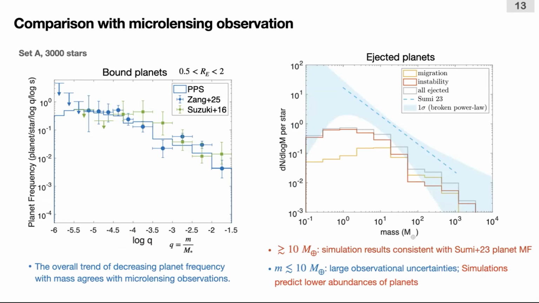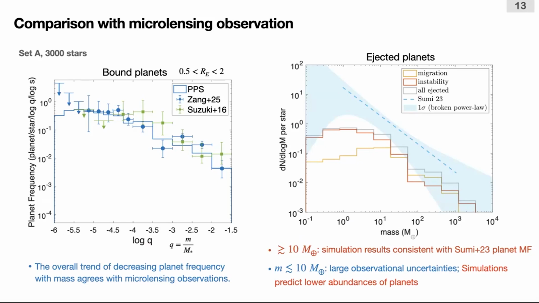That's amazing. But the question I had is that, given that you can produce the bound planets perfectly, and you get the normalization wrong for the free-floating planets, that strongly constrains the possibilities for how you could fix the free-floating planet problem. For example, you can't just pump up the mass of the disk, because then you would probably overpredict the number of bound planets.